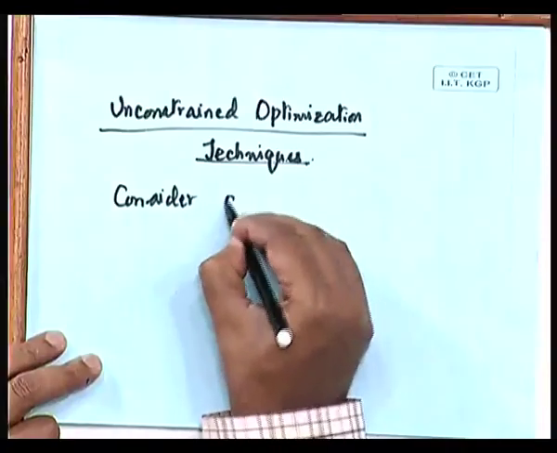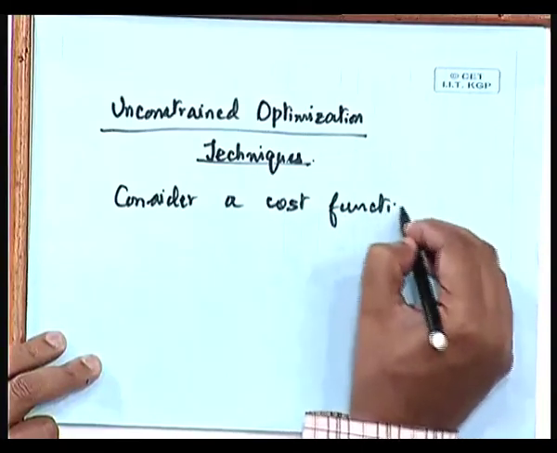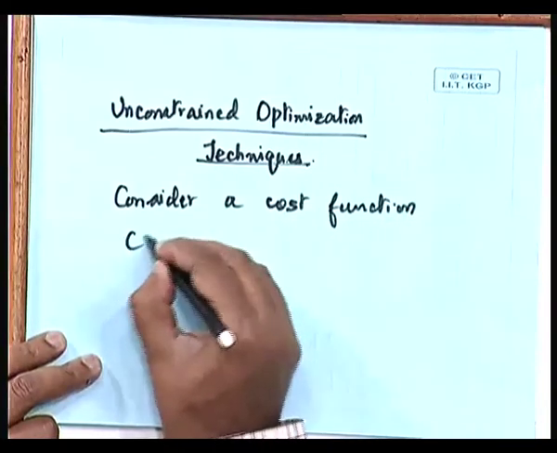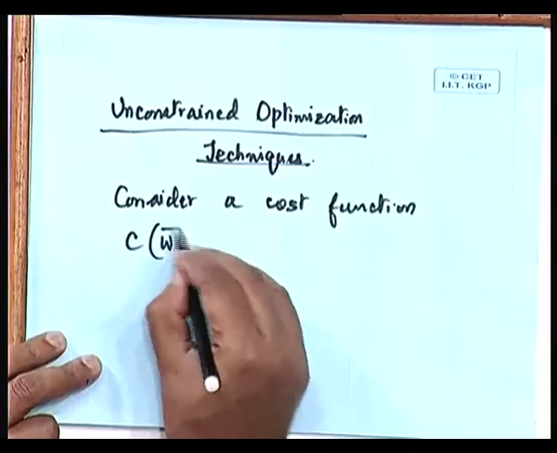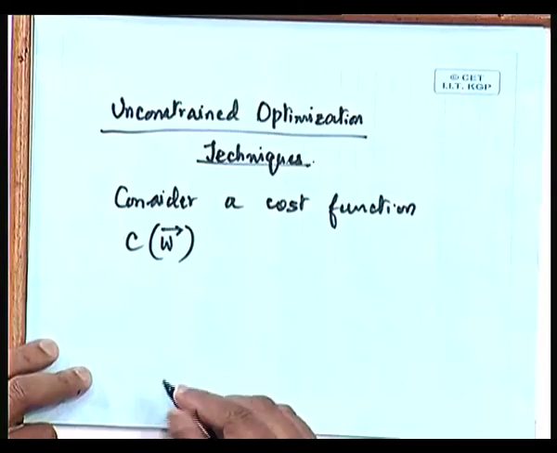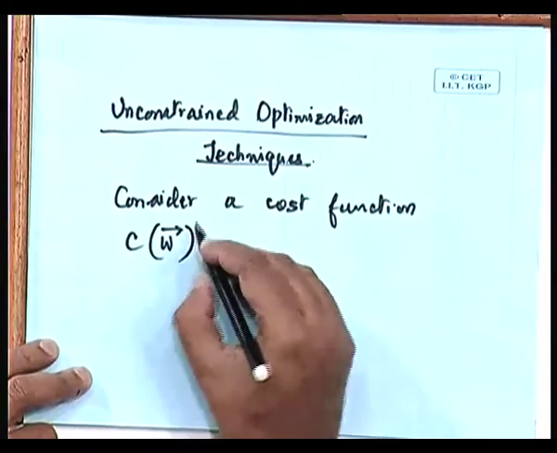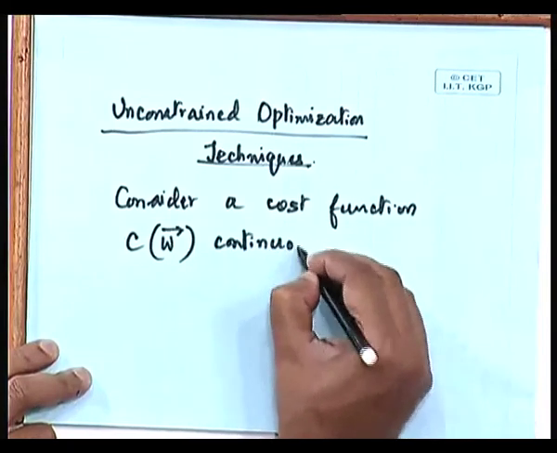Okay. Now, let us consider a cost function. Cost function is obviously a function of the free parameters. So, if we call the cost function C, we should write as an argument of C the W vector, the weight vector or the free parameter vector, whatever you call. And let us consider also that this cost function is continuously differentiable.